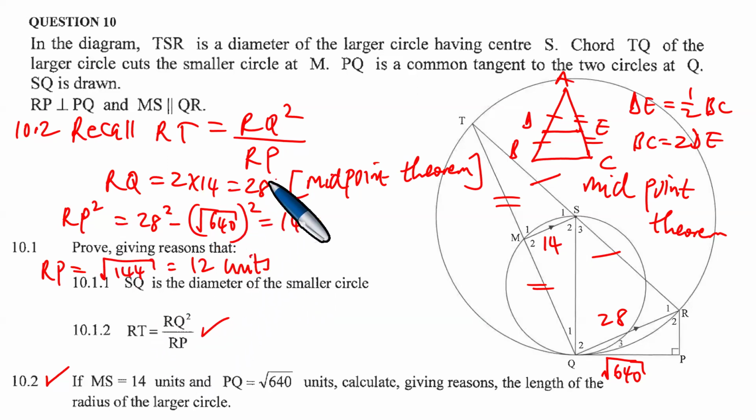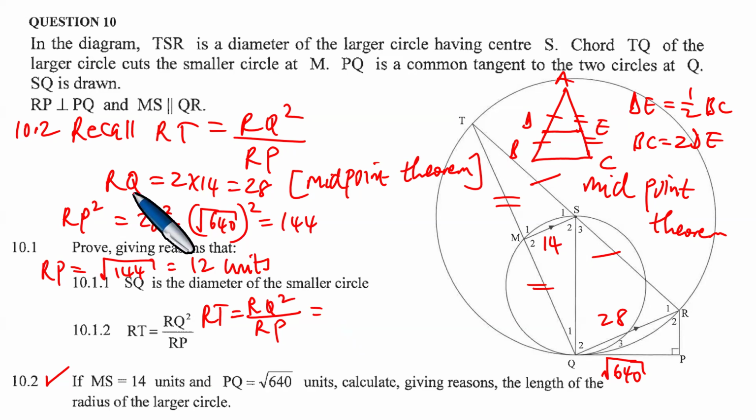Now RP is 12 units and RQ is 28. The conclusion is as follows. We need to find RT. RT is equal to RQ squared over RP, this formula here.